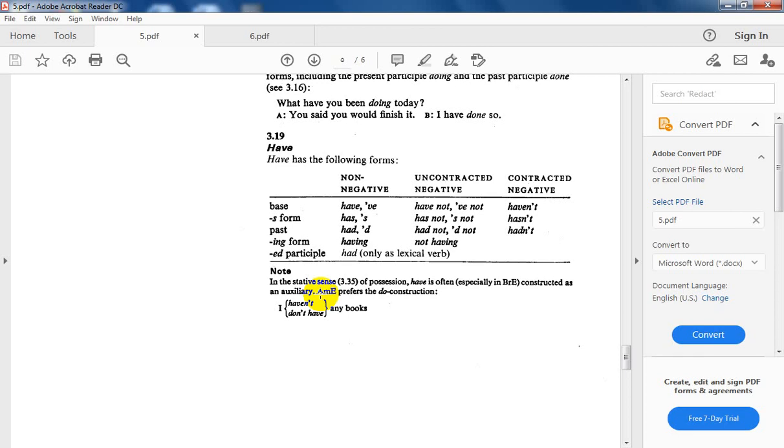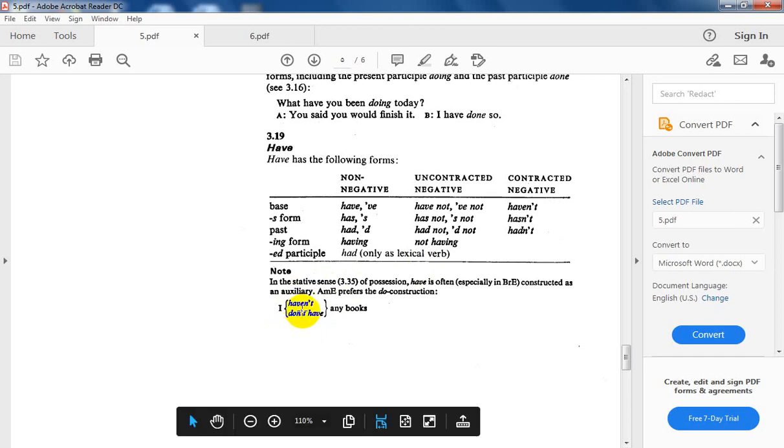If have means possessiveness, having, I have. See, there's some sort of possessiveness. So if I ask you whether have here is stative or dynamic, you should say it is a stative verb. Why?